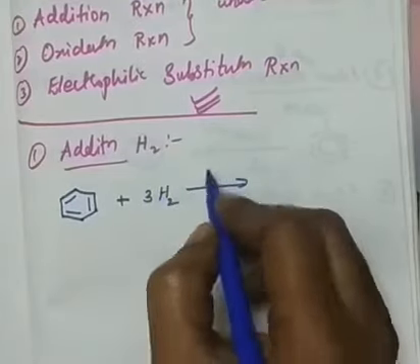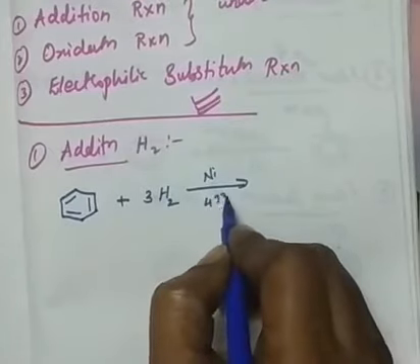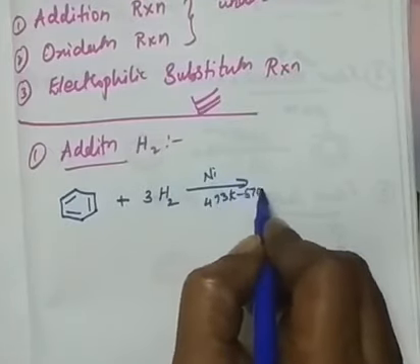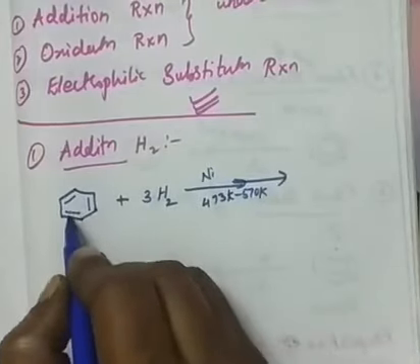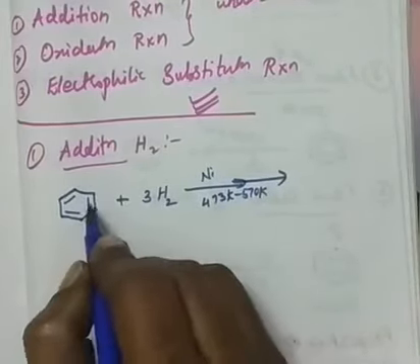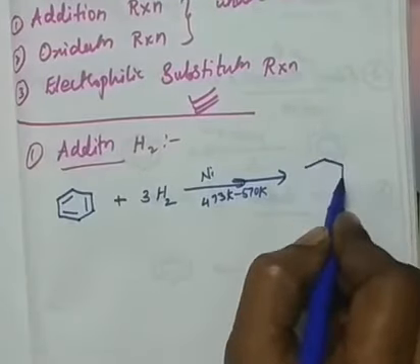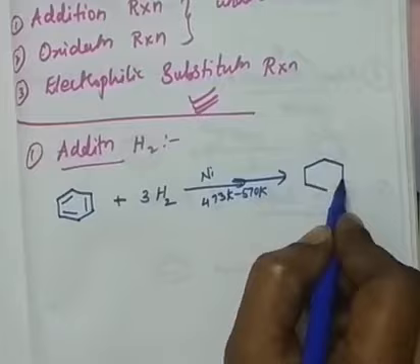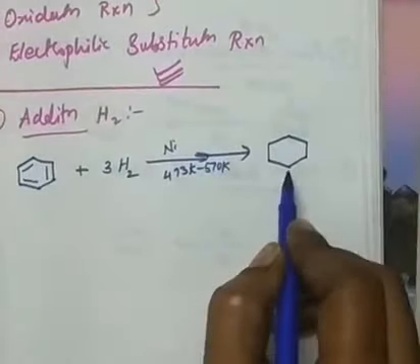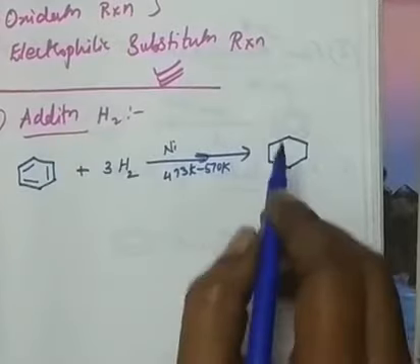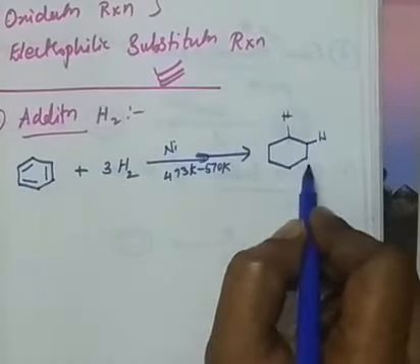Under what conditions? It requires a catalyst and some temperature. Then hydrogen molecules add on to it and the double bonds are removed, thereby I get my saturated cyclic system, from unsaturated to saturated.